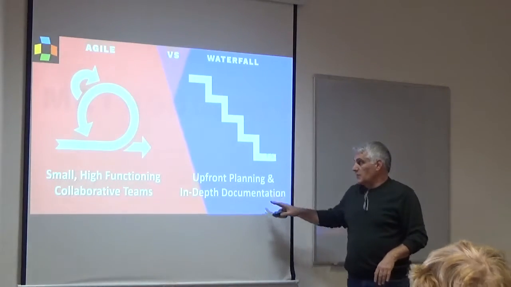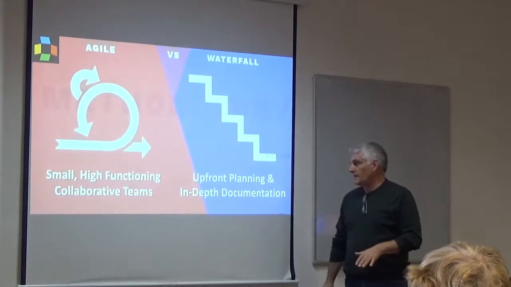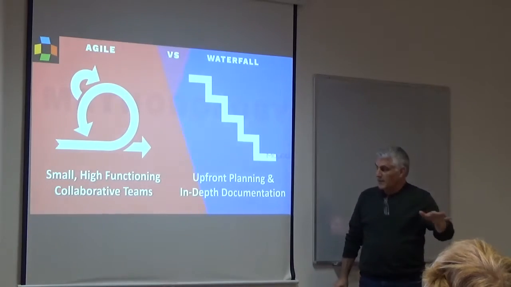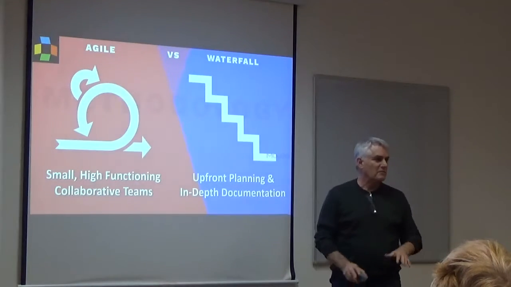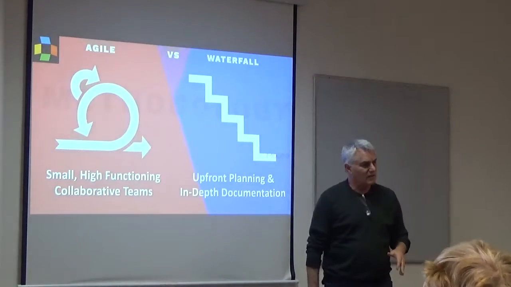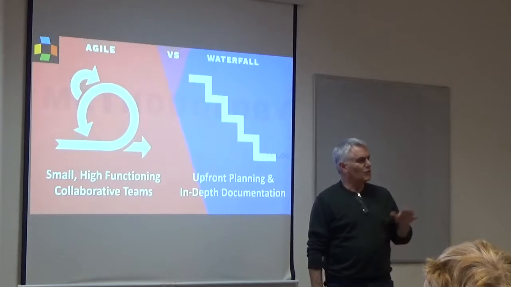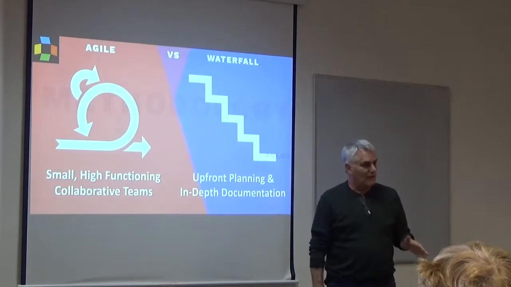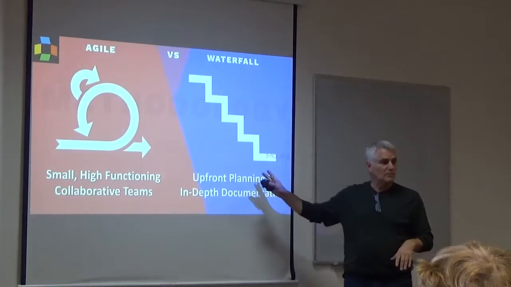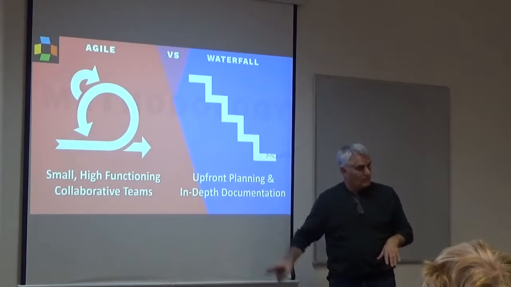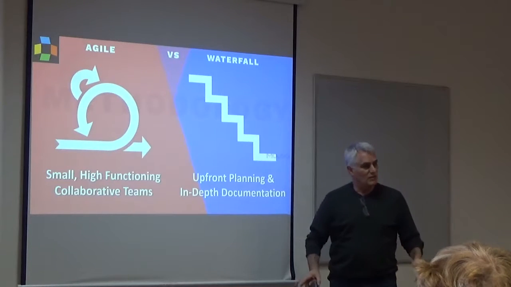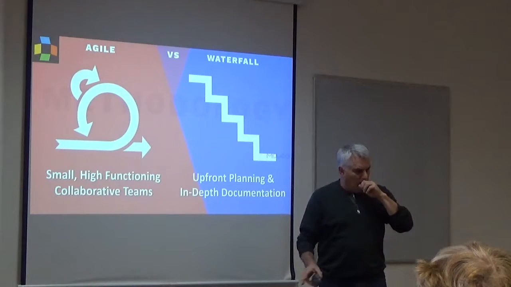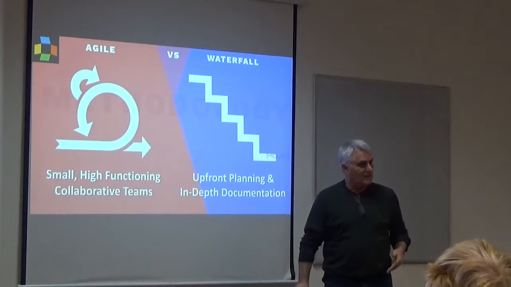The waterfall approach is done with a lot of upfront planning. You have huge, long meetings of everybody that's involved. It takes a very, very long time, and you do a lot of documentation. Why do you do a lot of documentation? Because there's somebody called a project manager. The project manager's job is to manage the project, and he needs to produce a huge amount of documentation.